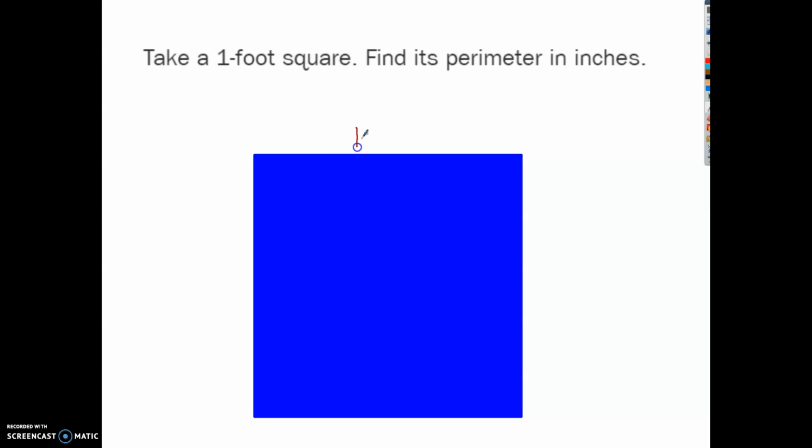A foot is 12 inches. So that means this side is 12 inches, this side is 12 inches, this side is 12 inches, and this side is 12 inches. And remember, when you find the perimeter of an object, you measure the sides and add them up.